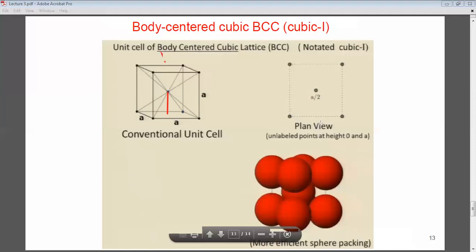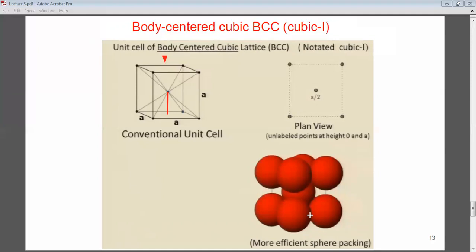Now, if we put the atoms together in this body-centered cubic structure, it will look more like this. If we put atoms in the positions of the lattice points, then we will get a structure that looks something like this. And we can see directly that this is a more efficient sphere packing, right?